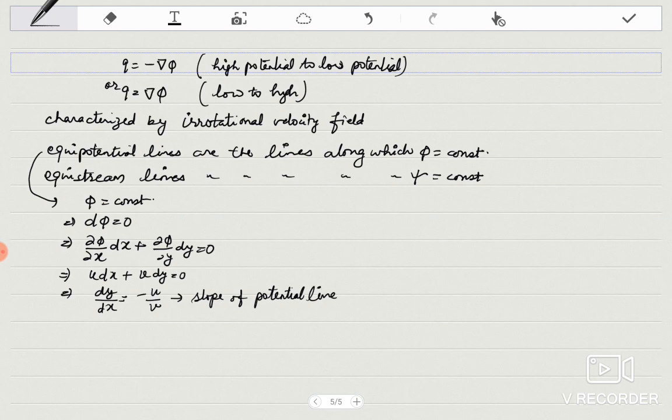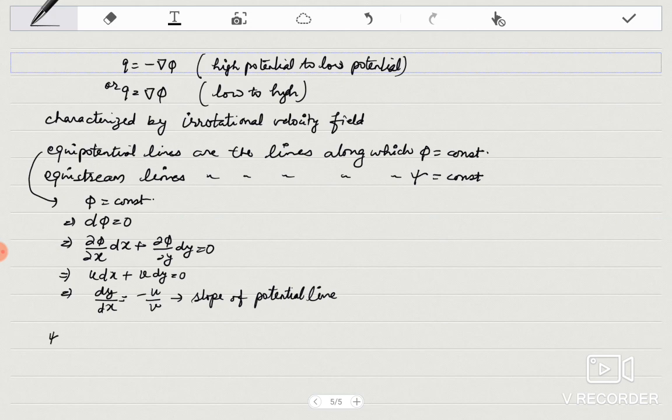So in this way we have introduced the potential function. Now you have noticed one thing, that when we introduced the stream function, we took an assumption that the fluid was incompressible. But when we introduce the potential function, it is introduced only for irrotational flow.